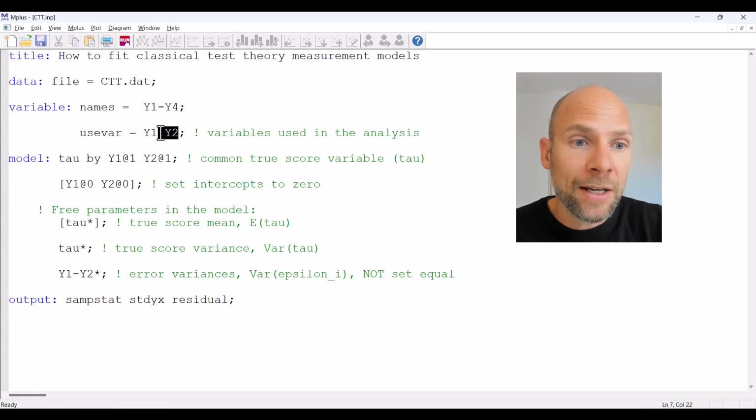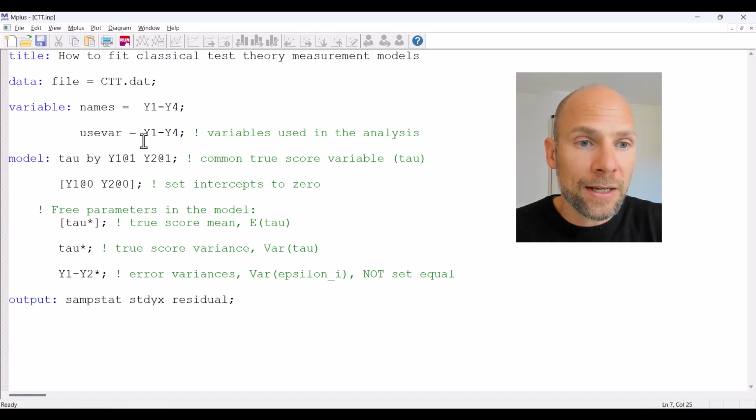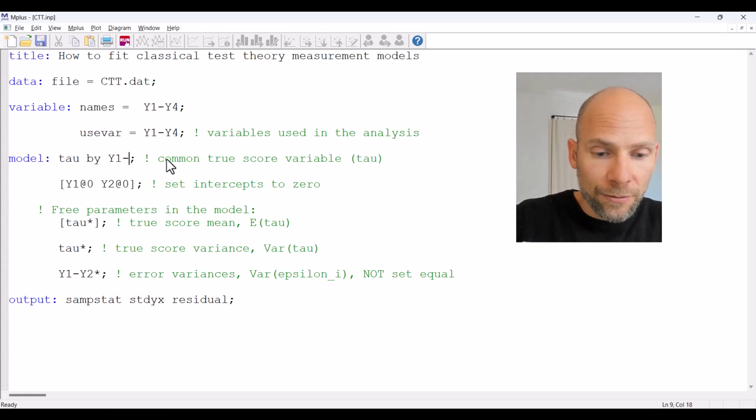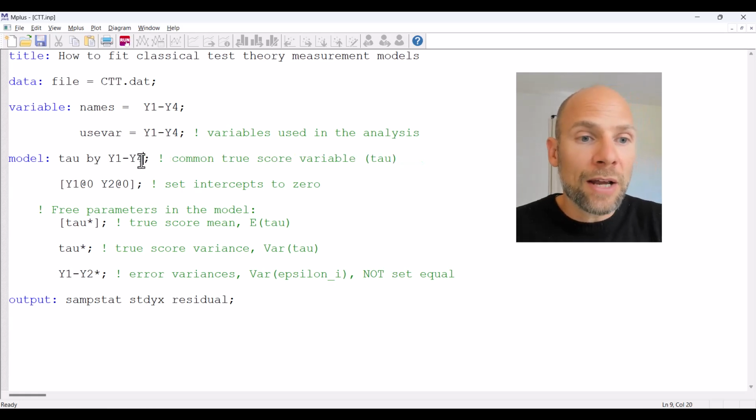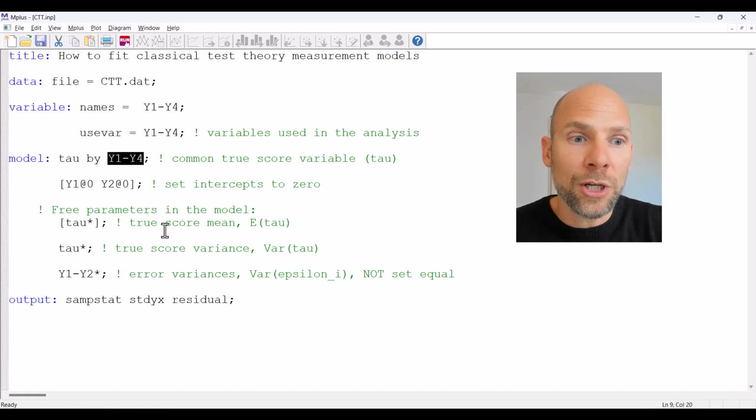So I'm going to add the other two variables to my use variable list by stating USEVARIABLES equals y1 through y4, and then I'm going to put them all here, y1 through y4. Now I don't have to say anything about the loadings because Mplus will automatically fix the first loading to 1 for identification, and the other loadings will be freely estimated. So that makes it really easy to specify the congeneric model.